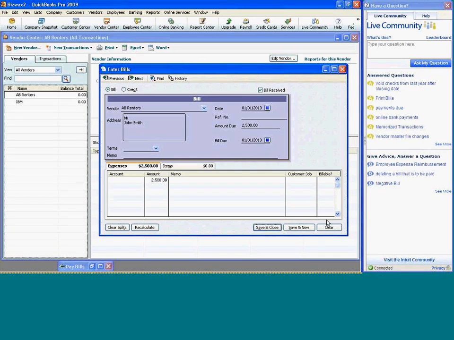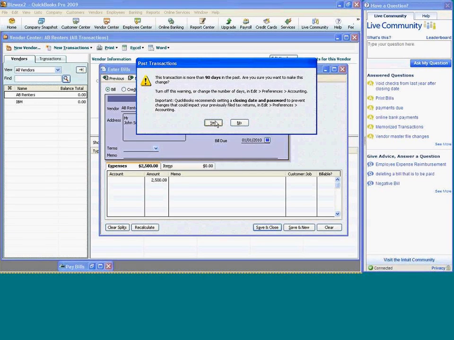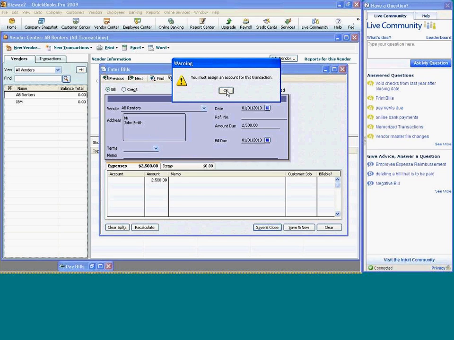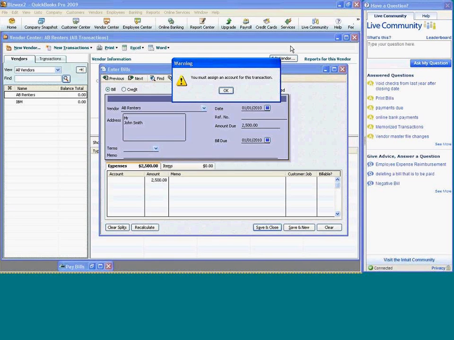So there's a complaint over here about an account. Let me make this small again. Okay, it wants me to enter an account, so let me close this.